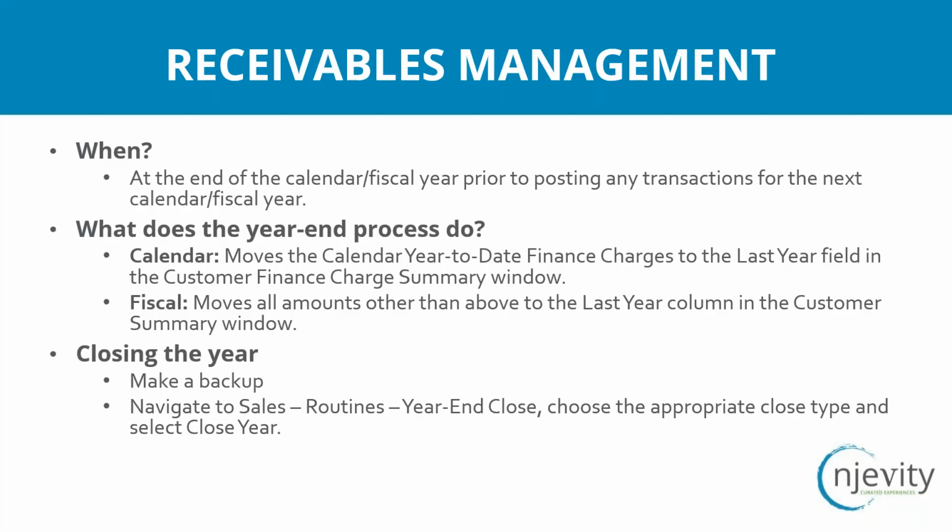So the reason is that next bullet, what does it do? The calendar year moves the calendar year to date finance charges to the last year field in the customer finance. So you've got several inquiries in GP where you have a life to date number, a year to date number, and a last year to date number.